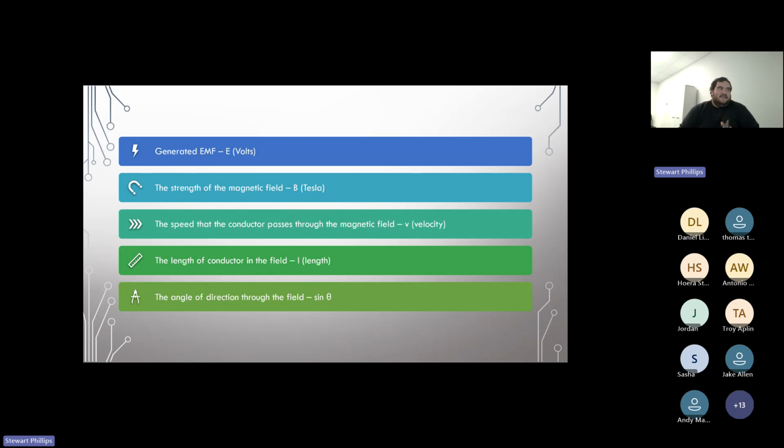Whenever you get a sine, for example, if we get sine 45, it's 0.707106. That is what sine of 45 degrees is. And sine of 30 degrees is 0.5. So at 30 degrees, it's half the voltage.